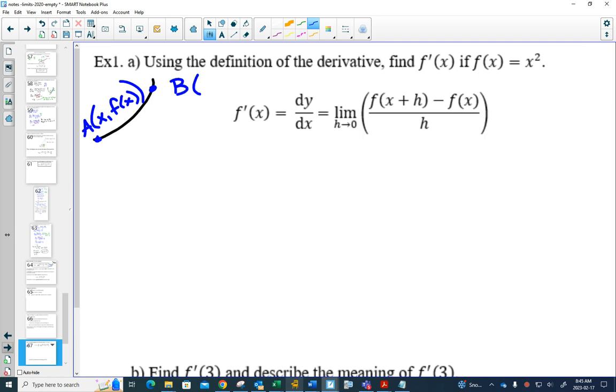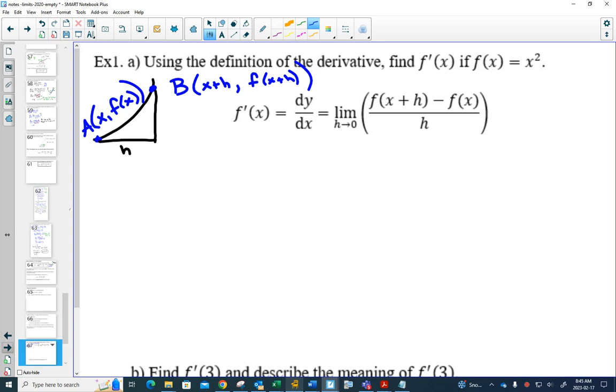This is point B, which, if I make that part h, then point B will be x plus h, because I've moved over h to the right, comma f of x plus h.